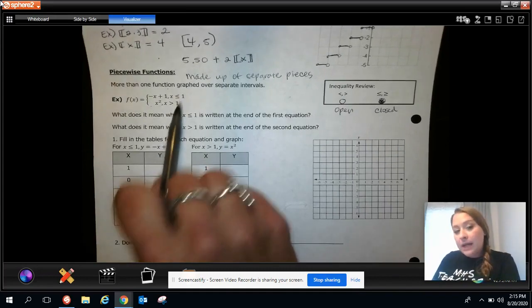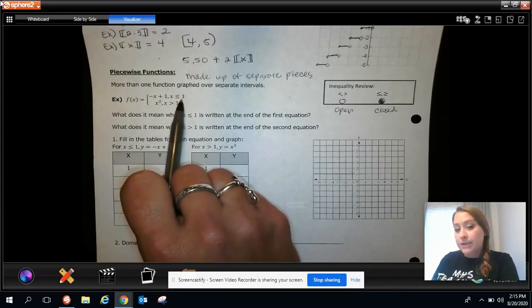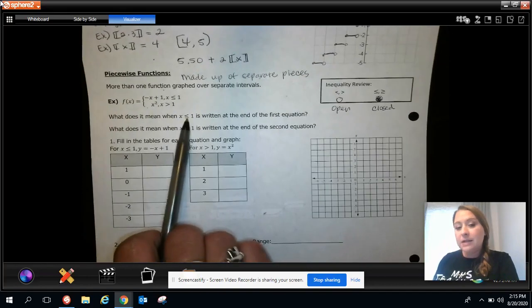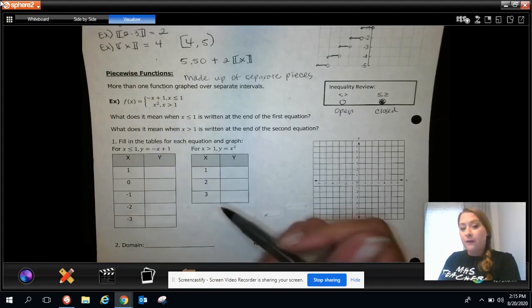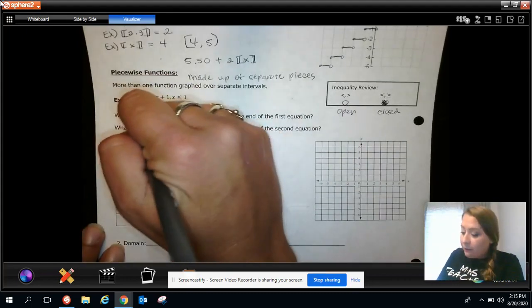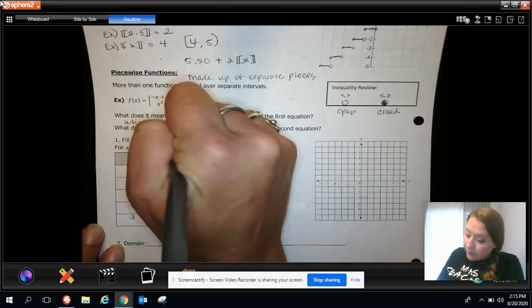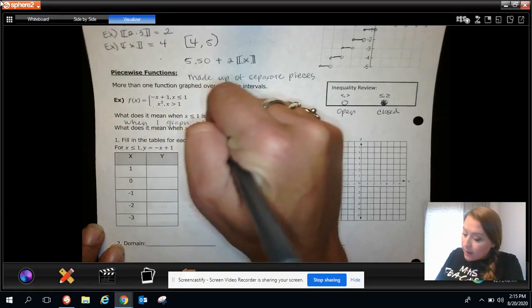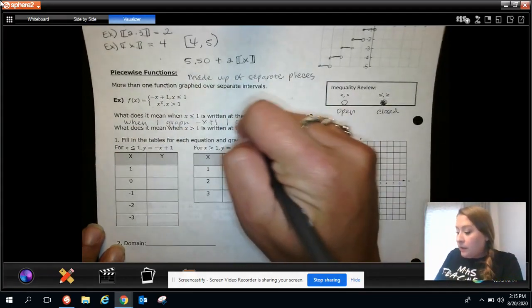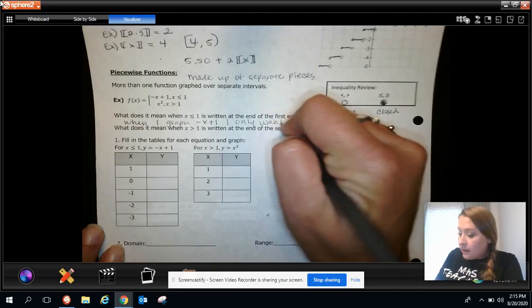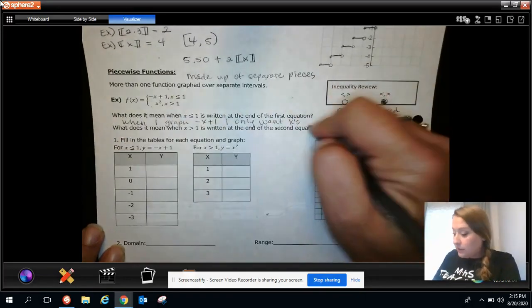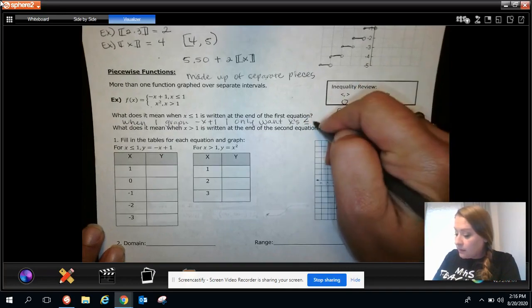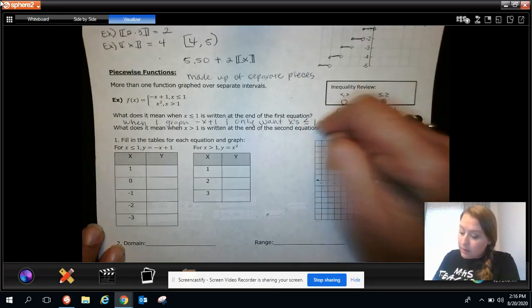If I want to really analyze what these restrictions mean, when it says x is less than or equal to 1, that's saying that when I graph negative x plus 1, I only want x's less than or equal to 1 on that graph.